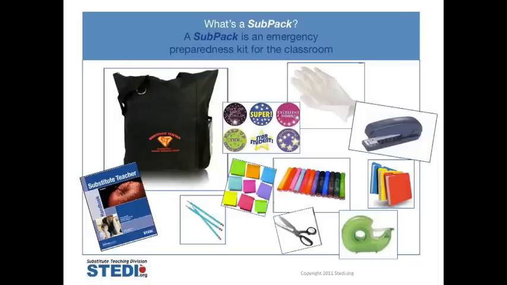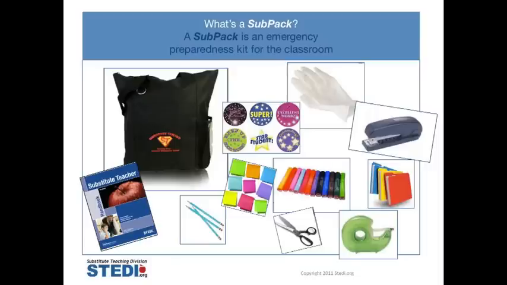First of all, you need a bag that you can carry around that's easy to manage. Some teachers do like rolly suitcases that they can take in and out of the classroom so it doesn't injure their back. Included, we always encourage that the substitute teacher handbook be included in your sub-pack.